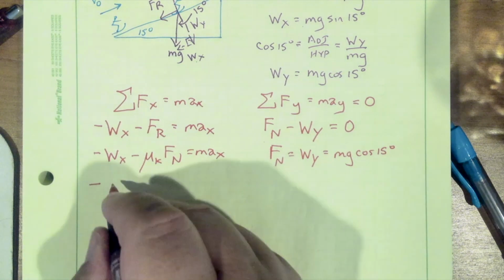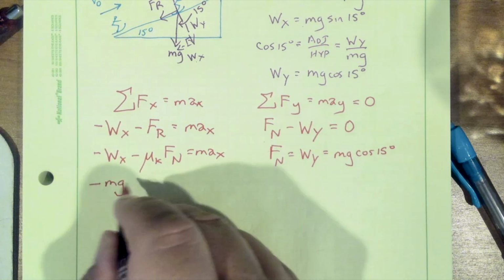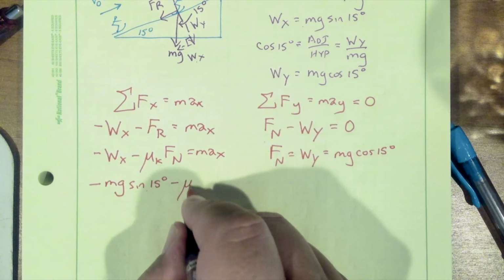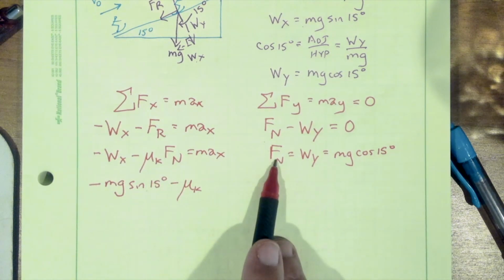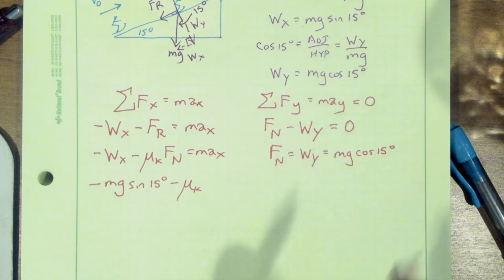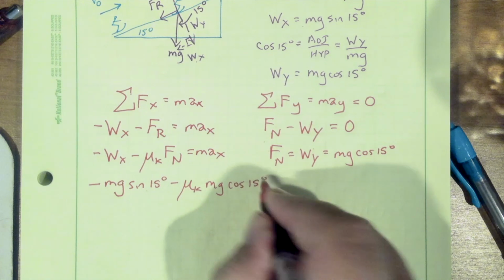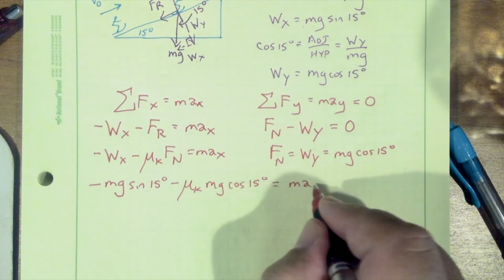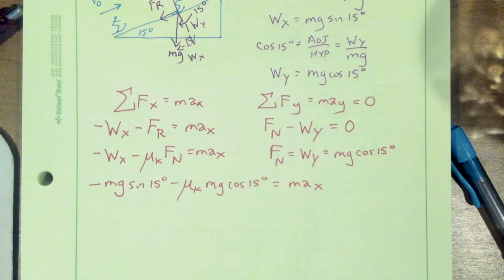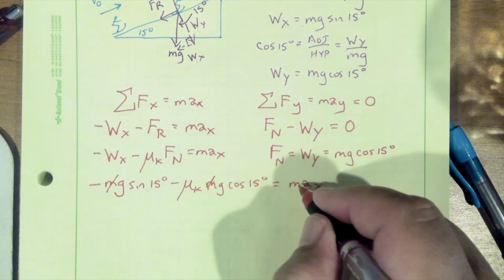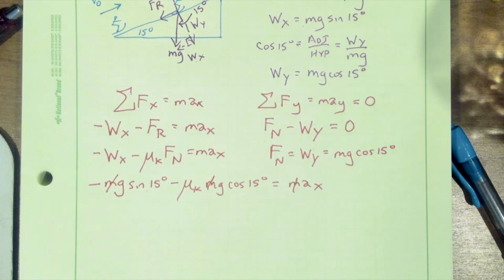The formula for the x component of the weight force is mg sine 15. And the formula for the normal force, which is the y component of the weight force, is mg cosine 15. And that's equal to the mass times the acceleration in the x direction. As has happened so many times before, we notice that the mass cancels out.